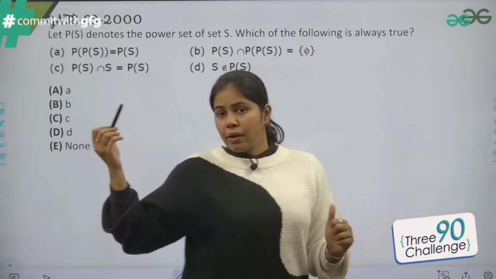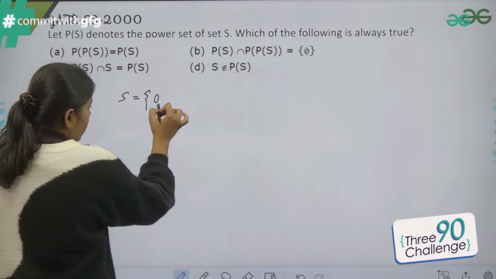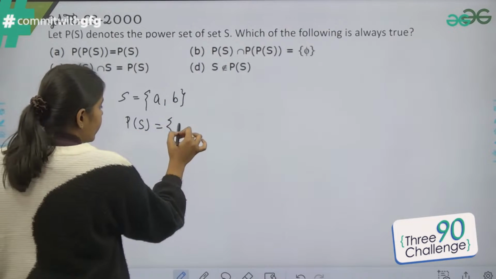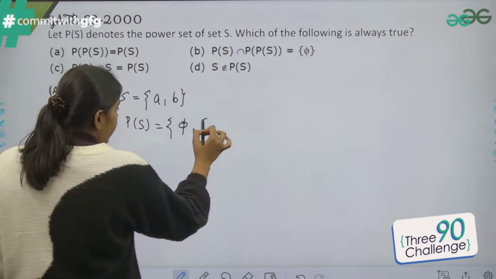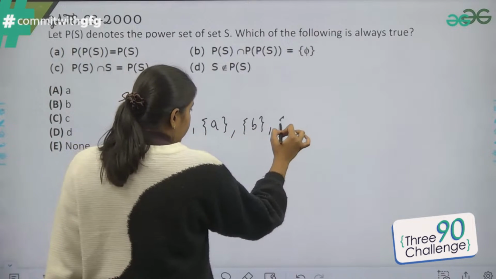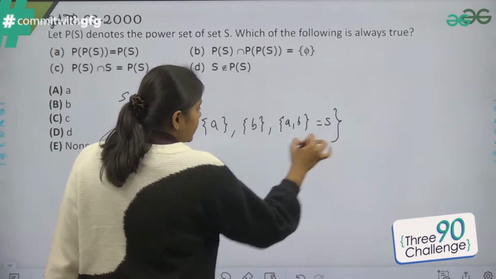So they are saying that power set of S. Let's take S as {A, B}. I'm taking just one example. If I find the power set of S, I'll get phi, {A}, {B}, and {A, B}.